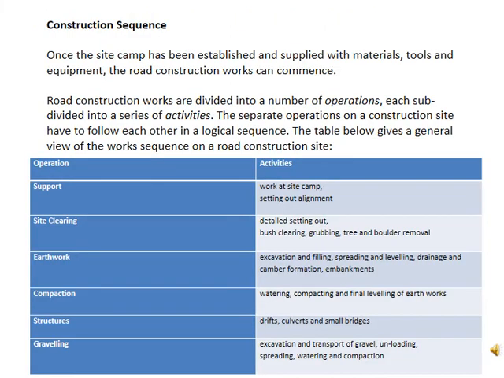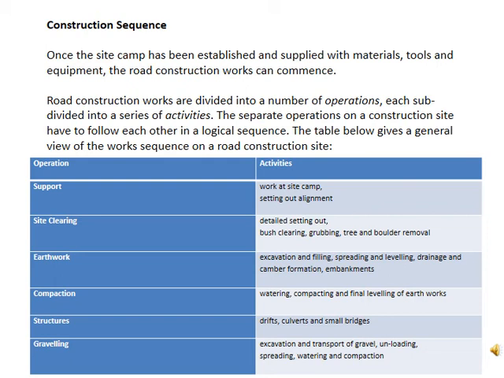Then we talk about the construction sequence. Once the site camp has been established and supplied with the materials, tools, and the equipment, the road construction works commence. So that is the road construction sequence. Road construction works are divided into a number of operations. Each is divided into a series of activities. The separate operations on the construction site have to follow each other in a logical sequence. So this is for the road construction.